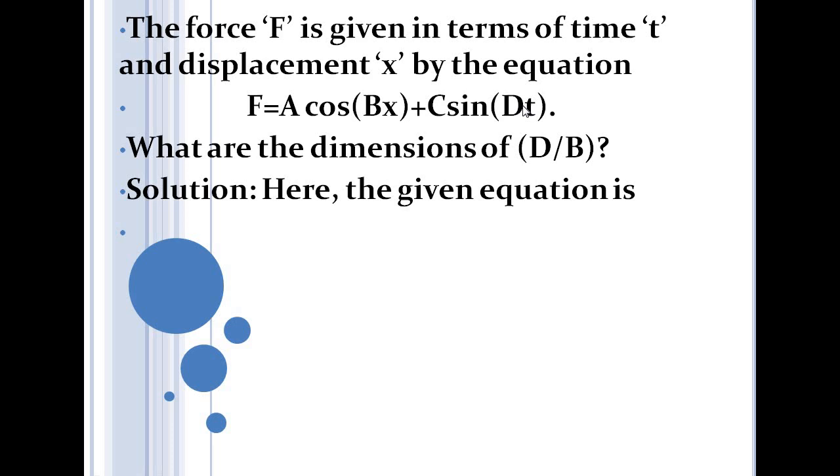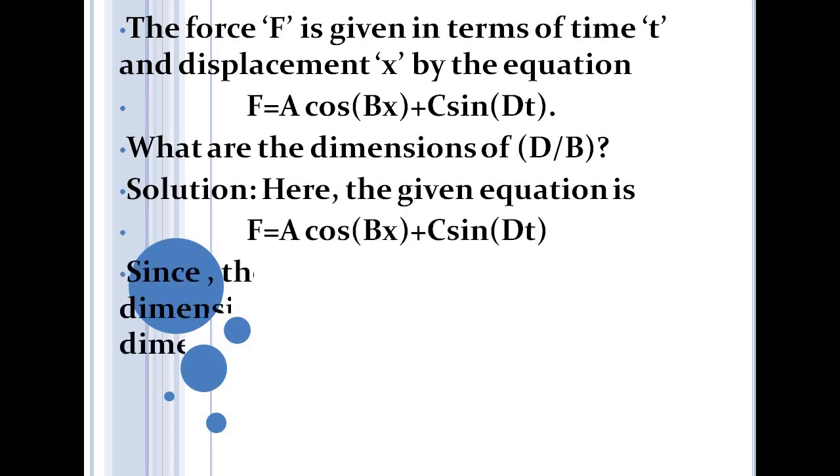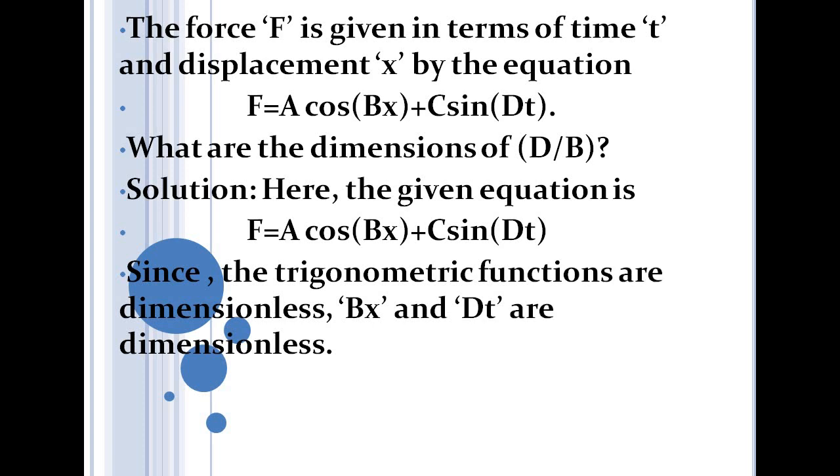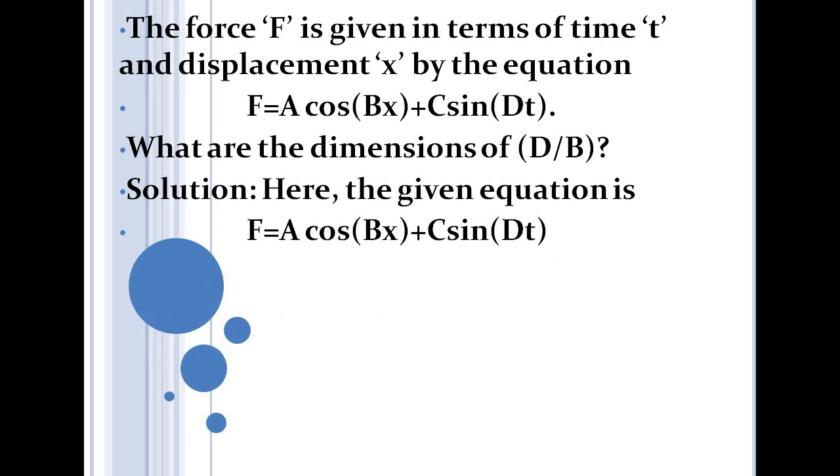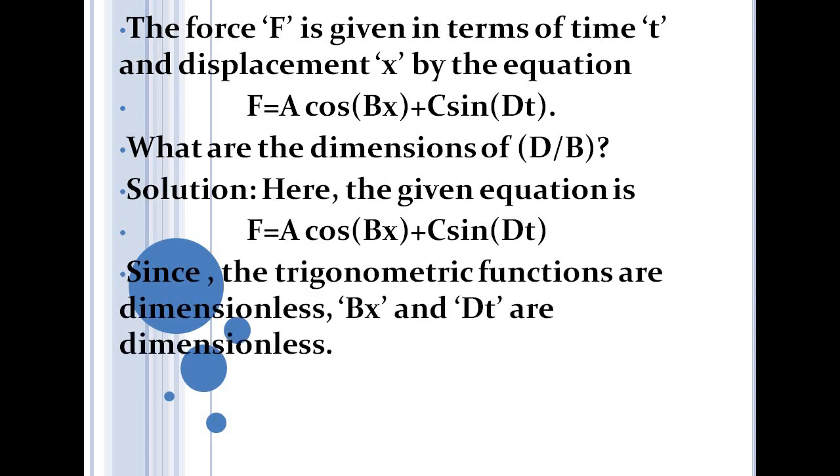So in terms of dimensions, they must be equal. The given physical equation once again is F equals a cos bx plus c sin dt, and bx and dt are dimensionless because they are trigonometric functions.